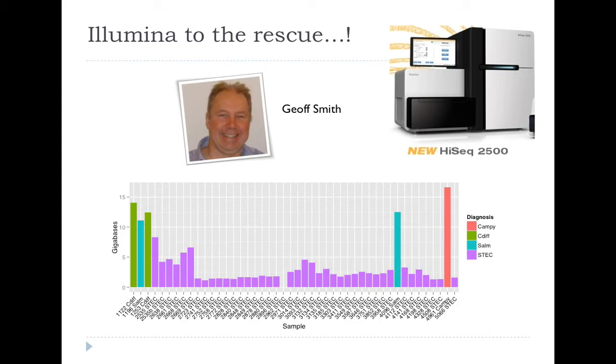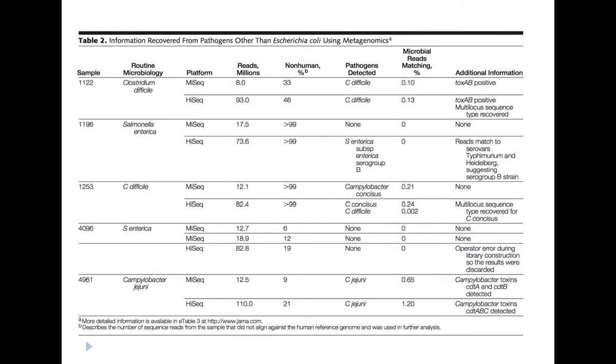And so we ended up sequencing over 40 samples on the HiSeq. Some of the samples that hadn't given us as good a result as we liked the first time round, we sequenced tenfold deeper on the HiSeq than we had on the MiSeq. And it worked, basically. On the samples that weren't STEC positive, we did recover lots of interesting information.